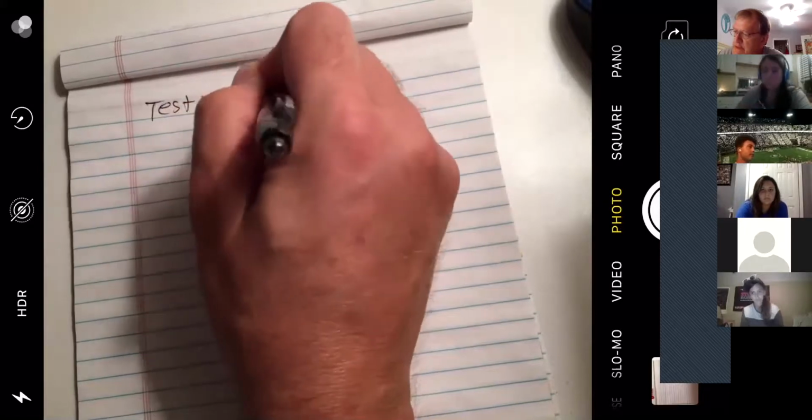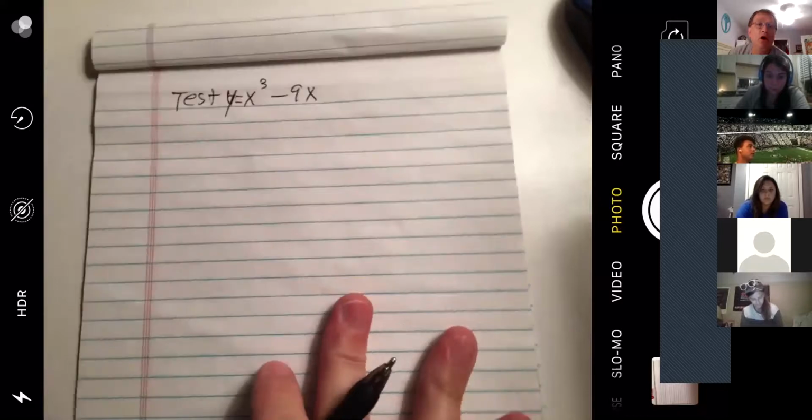It's like testing an equation for symmetry. So test the equation y equals x cubed minus 9x. Y equals x cubed minus 9x for symmetry. Yes, sir. Okay. Yeah, there's several ways to do this.